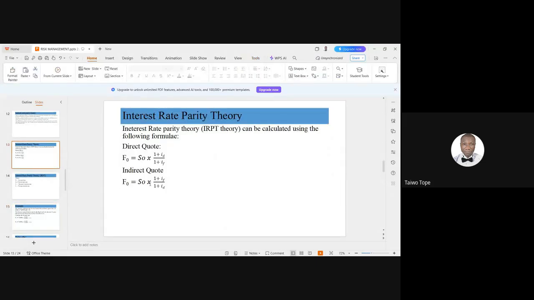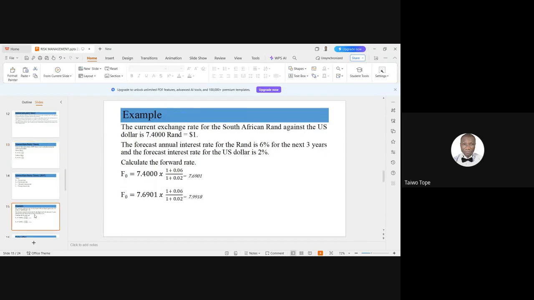You can see the numerator is foreign, and the denominator is domestic. While we're using direct quotes, the numerator is domestic and the denominator is the foreign. So the same applies.